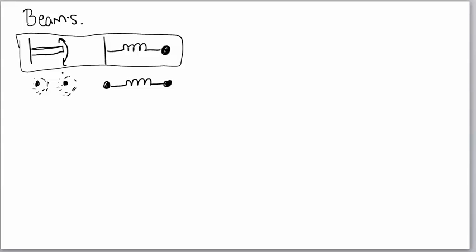So let's start with a discussion of what this beam would look like. So there's our wall, and I'm going to try to draw a beam coming out from the wall. Okay, and this beam has some thickness.